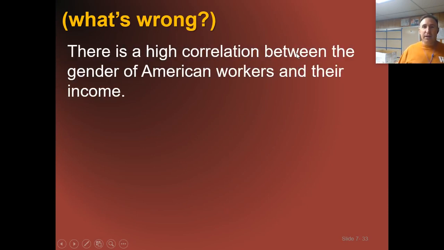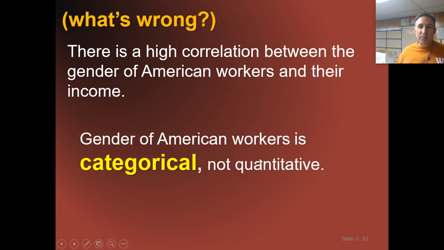There is a high correlation between the gender of American workers and their income. What's wrong with this statement? When we use the word correlation, what we really are talking about are two numerical sets of data that we're associating on a scatter plot.